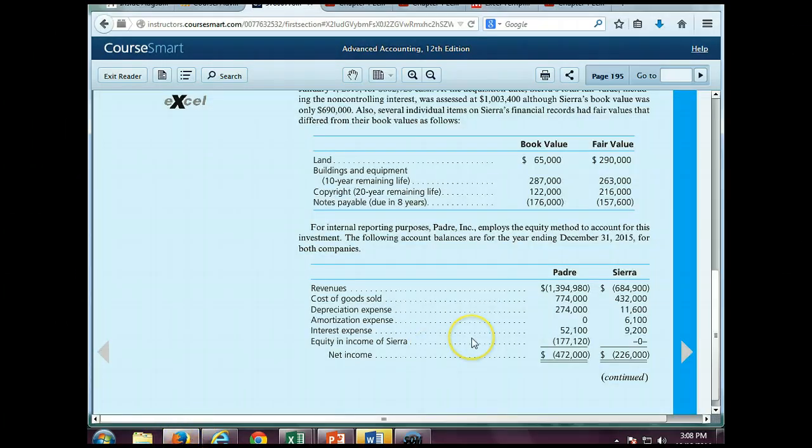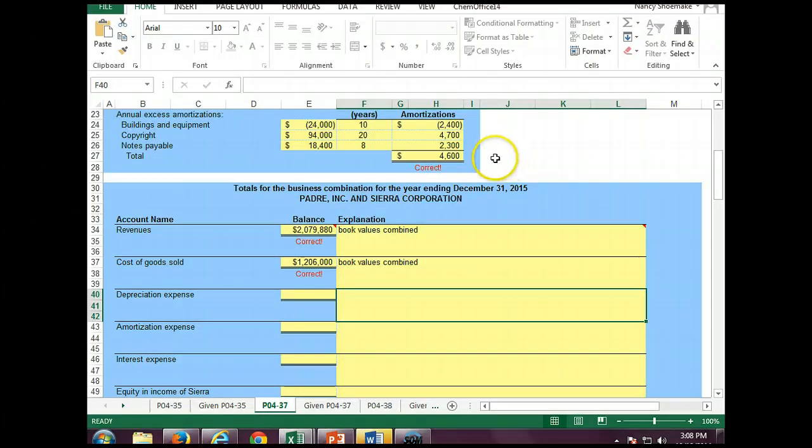Depreciation's going to be a little different. What are we going to do? We're going to take the depreciation of Padre 274 and Sierra 11,600, and we've got some depreciation here of our building and equipment, a minus, don't we? That we need to take into account.